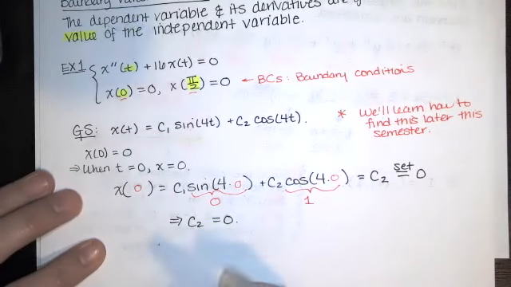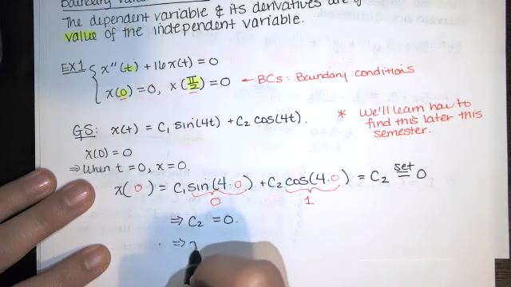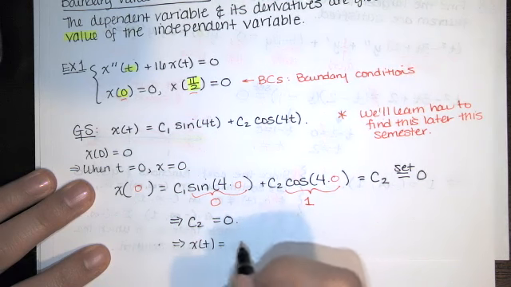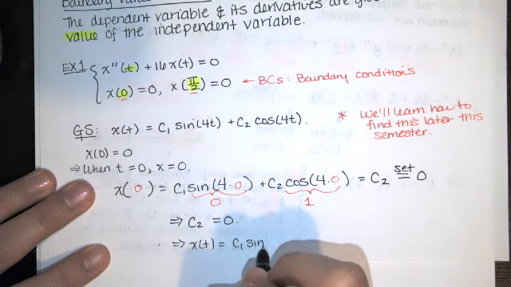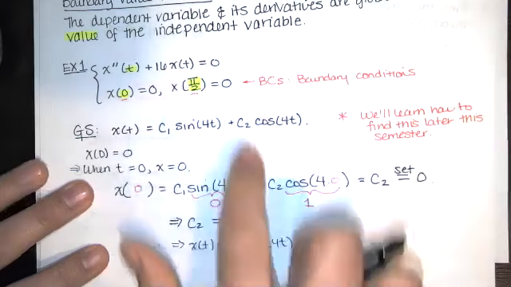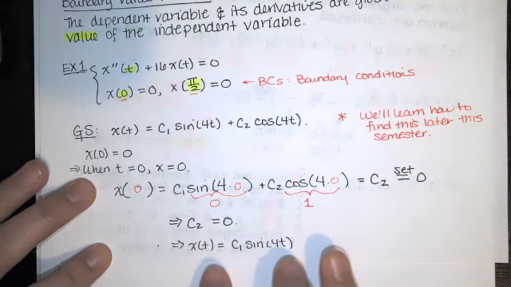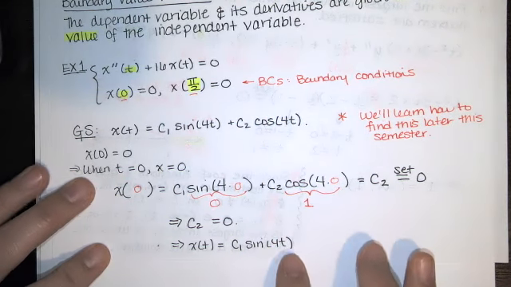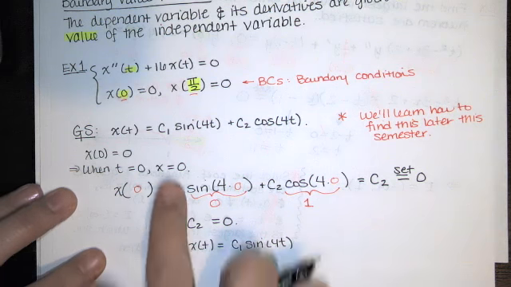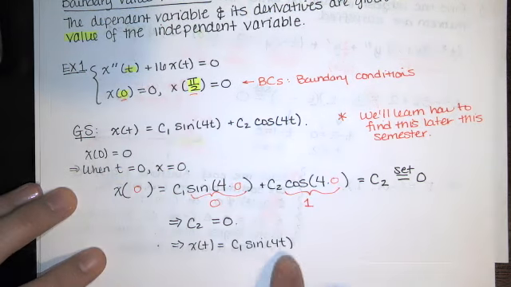So using that now, we can say that our solution must have this form. x of t equals c1 times sine of 4t plus 0 times cosine of 4t. So x of t is a constant times sine of 4t. Okay, now let's use the second boundary condition to try to find the value of c1 if we can.